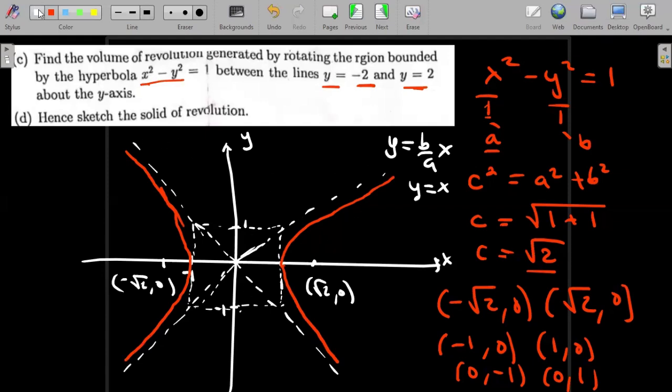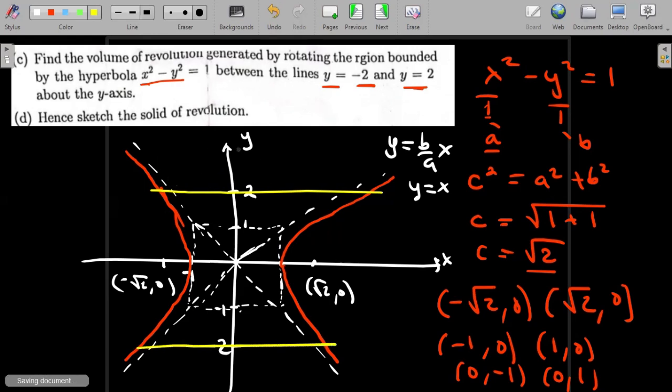Then they've said you have intersecting lines, that is y equal to root 2 and y equal to -root 2. So I'll have straight lines that are going to pass like that, and down there they pass like that. So this is a solid of revolution, and it's rotating about the y-axis.